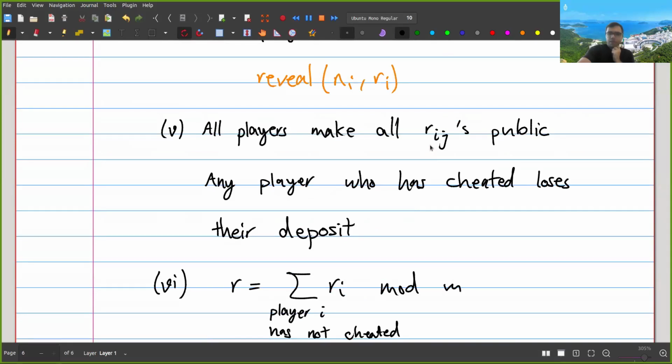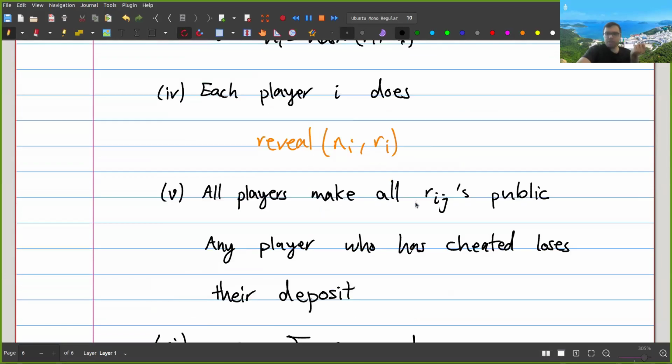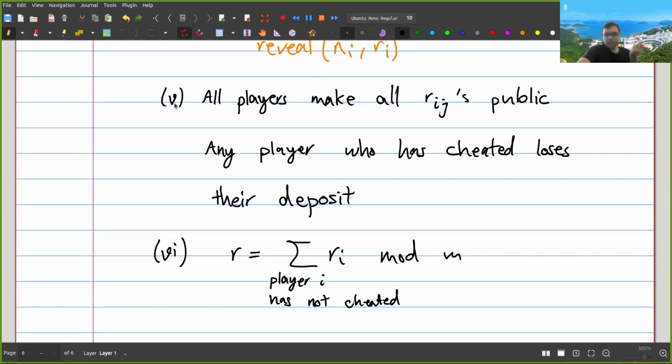It would be caught here when all the players make all the shares they received public. And by the way, I'm assuming that whenever there is a message sent between the players, these messages are signed. So if I claim that I received this particular share from you, I can actually prove it. I can also show your signature on it. So if anyone cheats, the other players will find out at this step, and then the value that was contributed by the cheater is not added to the total sum.